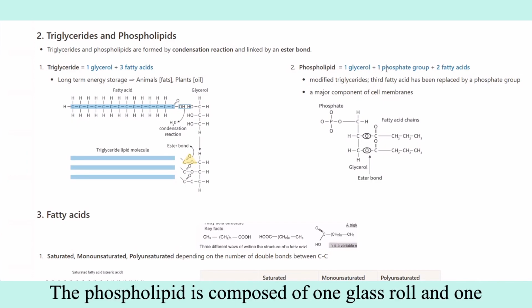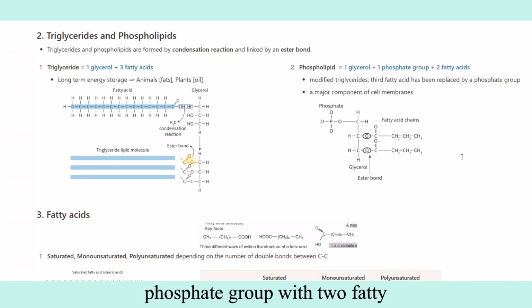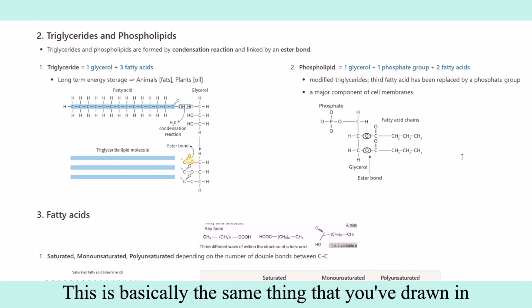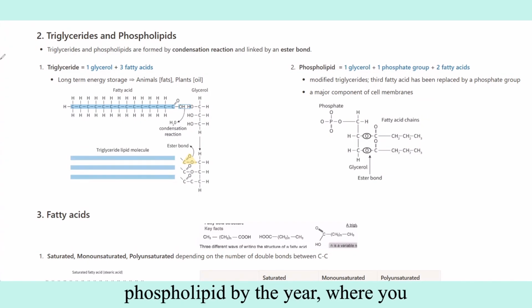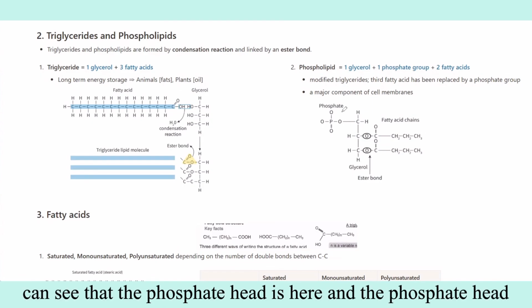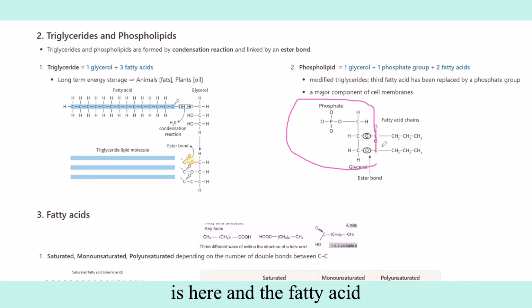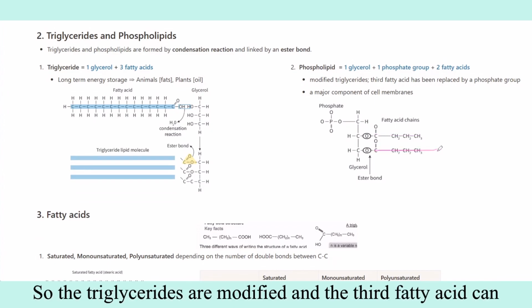The phospholipid is composed of one glycerol and one phosphate group with two fatty acids. This is basically the same thing that you've drawn in phospholipid bilayer, where you can see that the phosphate head is here and the fatty acid tails are here.